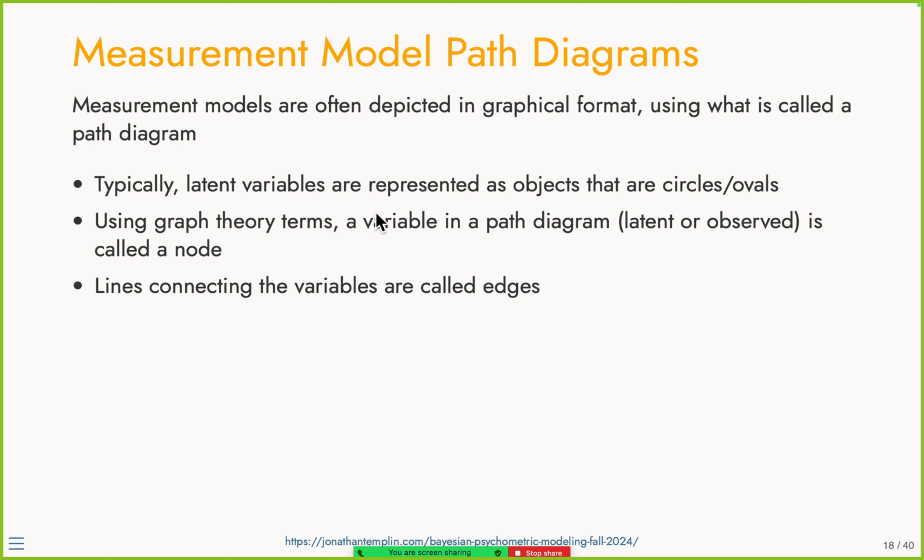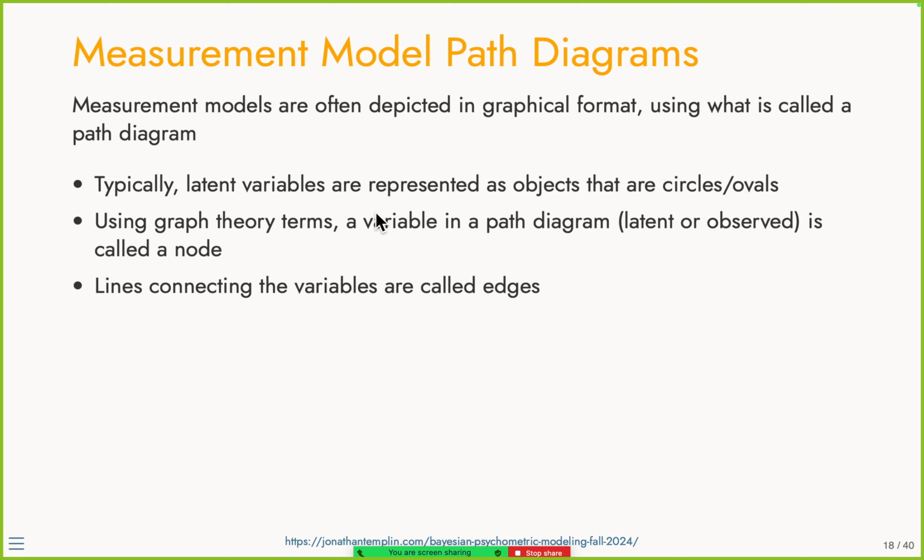The variables themselves get a shape. So the latent variable being a circle, that's a shape. The observed variable being a square, that's a shape. And then we have lines connecting them, directed lines, usually with an arrow. Those lines indicate which variable is predicting another. So we'll have a latent variable that's predicting each of the observed variables oftentimes. And I'll have a picture of this on the next slide.